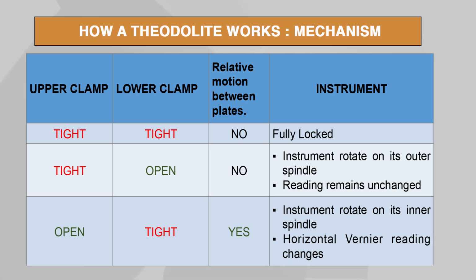So, try to visualize. There are an upper plate and a lower plate. You have the facility to clamp the upper plate or the lower plate, or you can clamp both the plates. Suppose you do not want any relative motion between these two plates. What you need to do is clamp the upper and unclamp the lower plate.